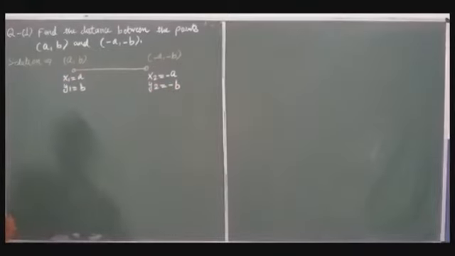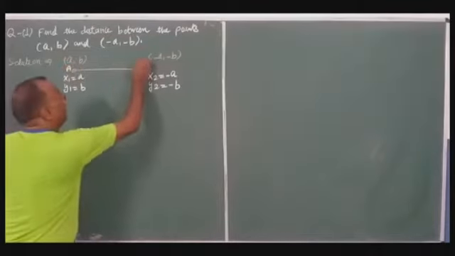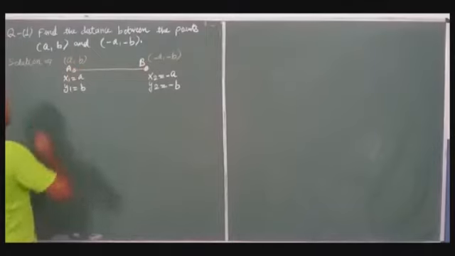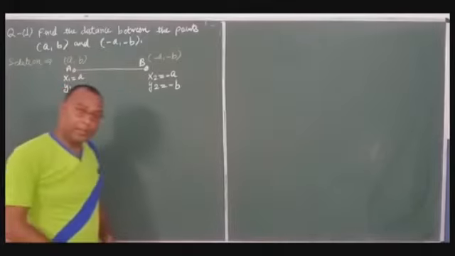Now we can use the distance formula. So what is the distance formula? Suppose this is point A and this is point B. The coordinates of the points are these, where x1 is a, y1 is b, x2 is minus a and y2 is minus b.